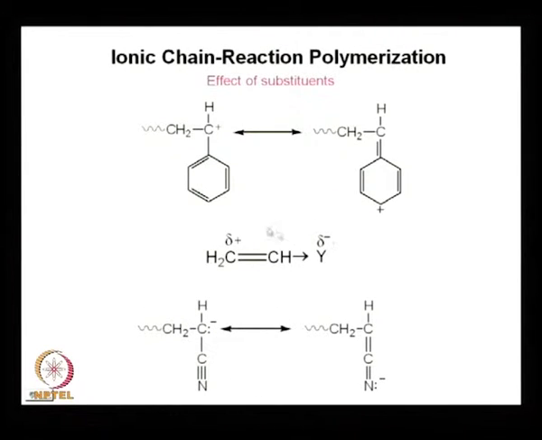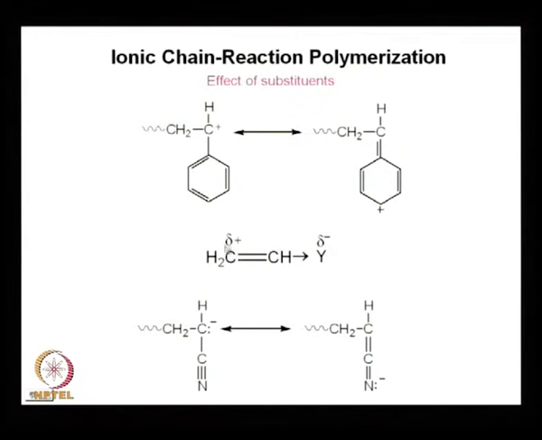Here also you see an example, styrene, how it stabilizes because of this aromatic ring, a delocalized electron system. In this case, as opposed to the previous molecule, the substituent is electron withdrawing in nature. That means it is a little more electronegative, so it can draw the pi electron cloud from this pi bond.